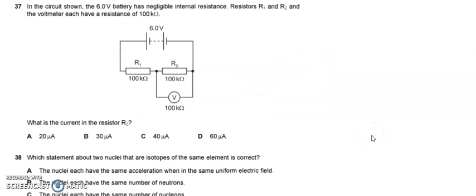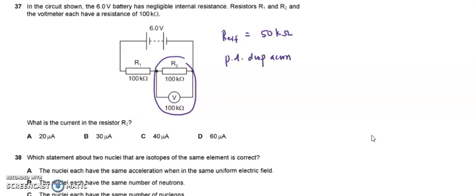For 37, we find the effective resistance for the parallel connections. So 100 and 100 will give us 50 kilo ohms. And now we see what is the PD dropped across the parallel connection.